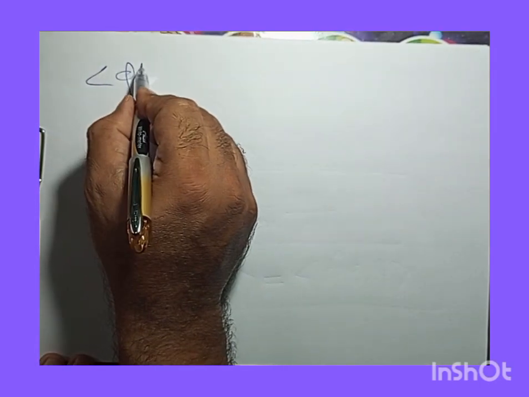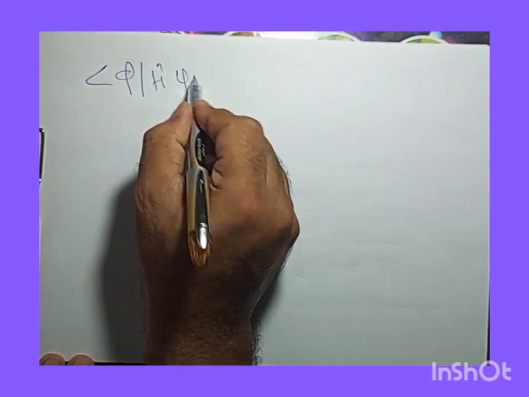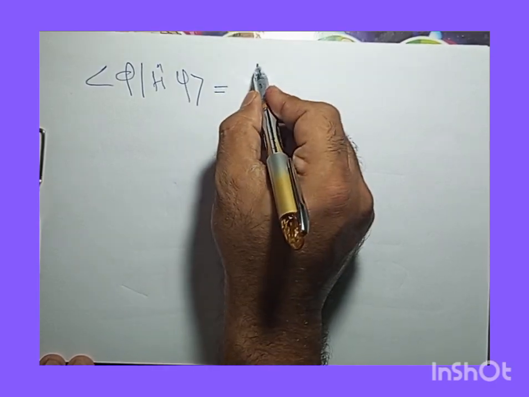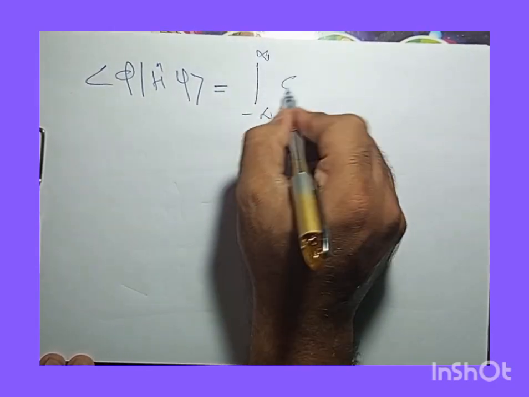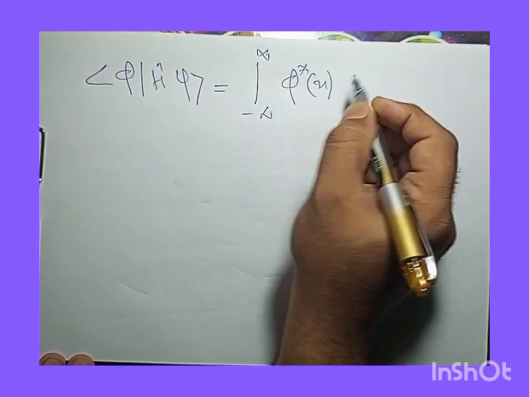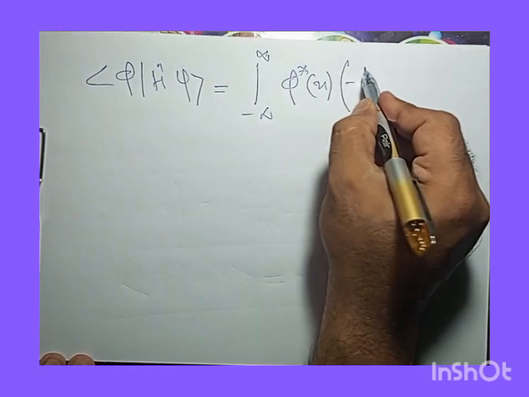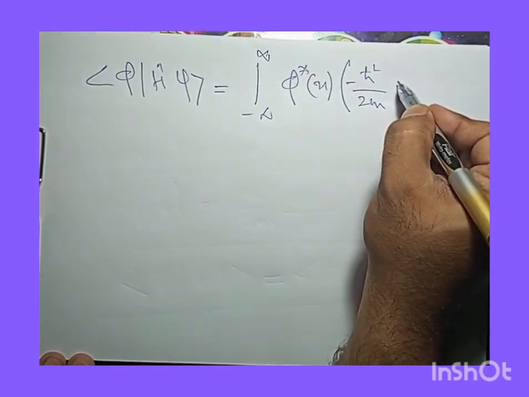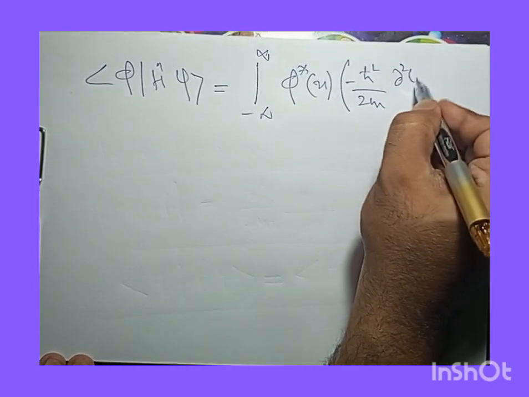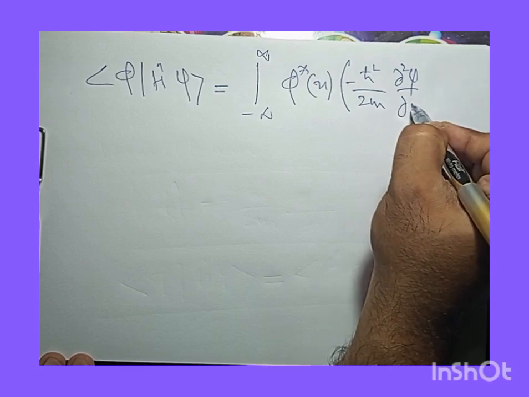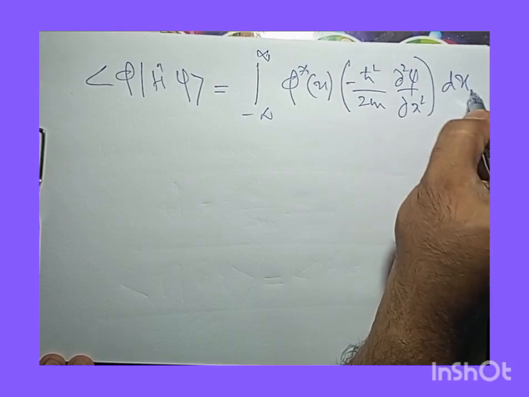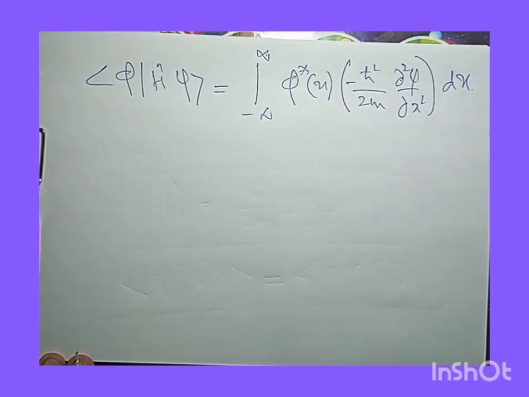So phi and H cap of psi. I can write it in integral form, minus infinity to infinity, phi star of x, then for the Hamiltonian, minus h cross squared by 2m, dou 2 psi by dou x2, and then dx. Now integrate this by parts.